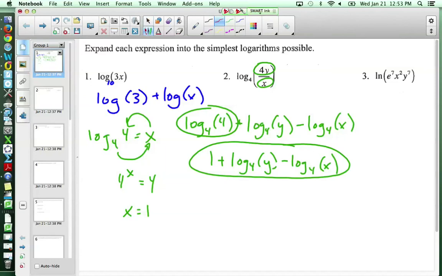For number 3, I'm going to jump down to the bottom here. We have the natural log of e to the 7th, x squared, and y to the 7th. Because we're multiplying all of those together, we can write them as 3 separate logarithms added together: the natural log of e to the 7th plus the natural log of x squared plus the natural log of y to the 7th.